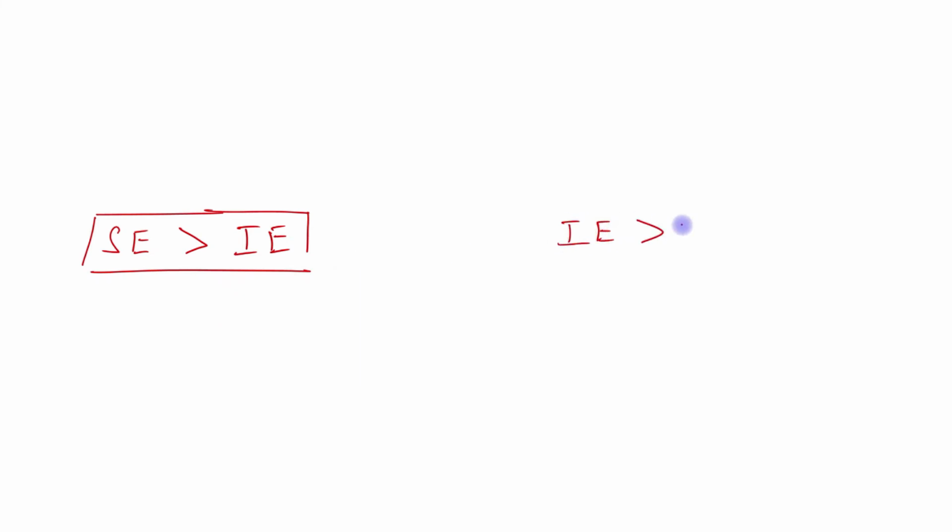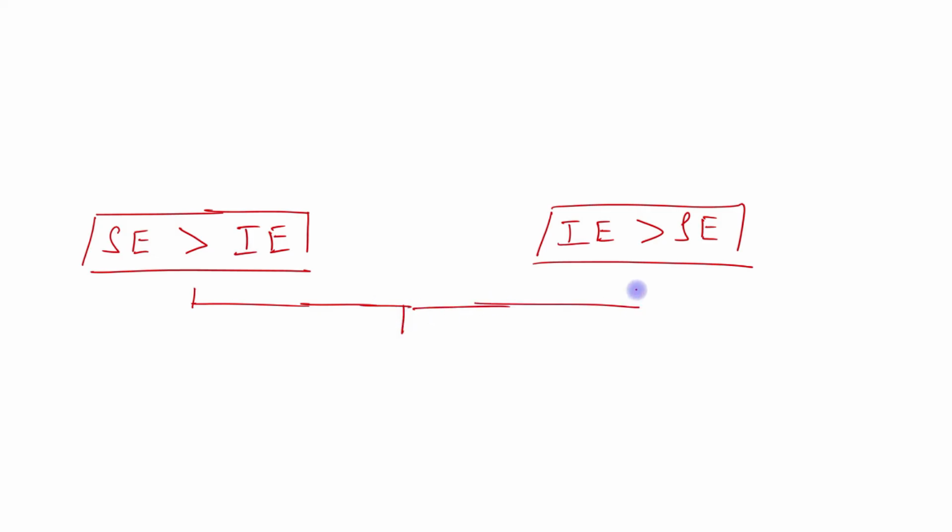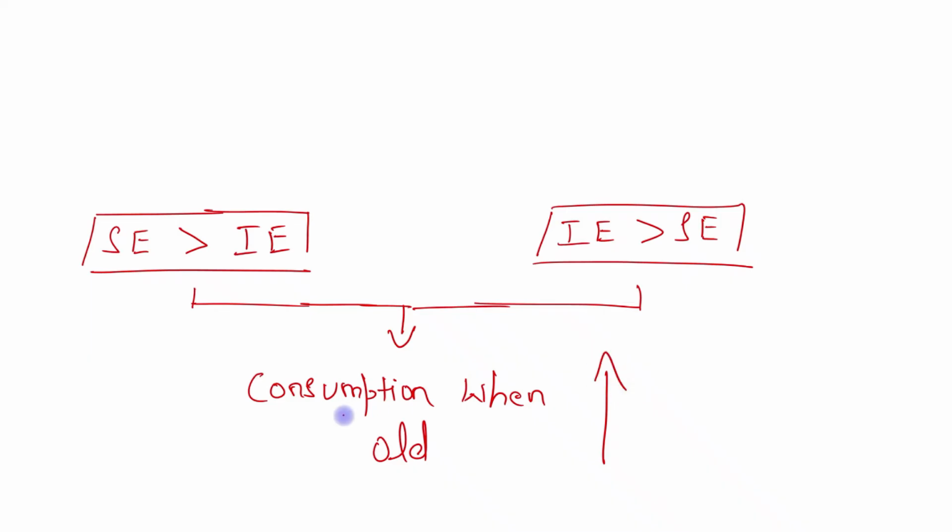If I conclude now, one case in front of us was that the substitution effect dominates the income effect, right? One case was that the income effect dominates the substitution effect. One conclusion is common for both the cases, that is consumption when old will be increased.